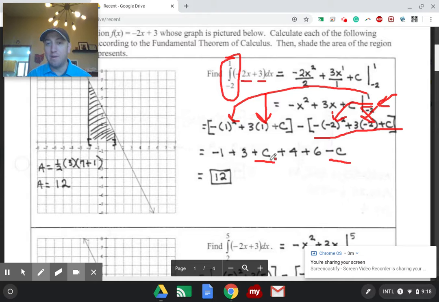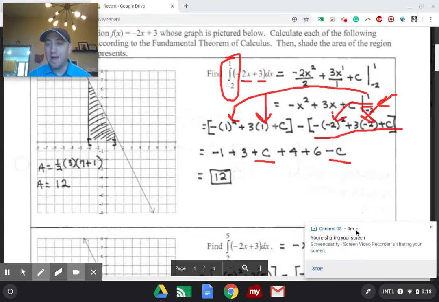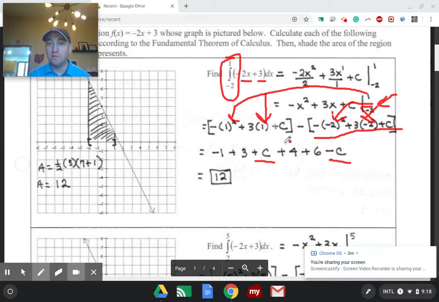That's going to happen on every single problem that you do. So from here on out, you really do not need to write plus c, because you're always going to have plus c in one and plus c in the other, and you're subtracting one from the other, so they cancel out. But notice that my answer here is still 12. It's exactly the same answer.